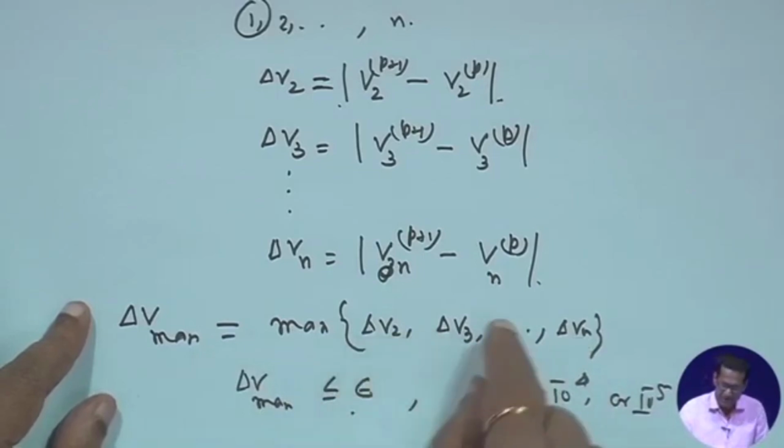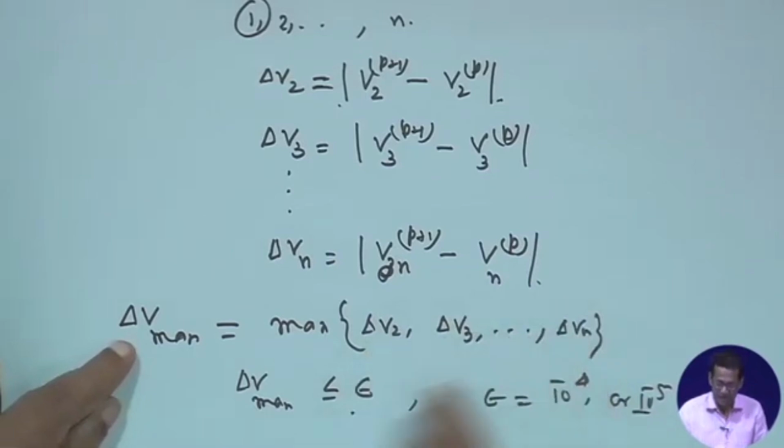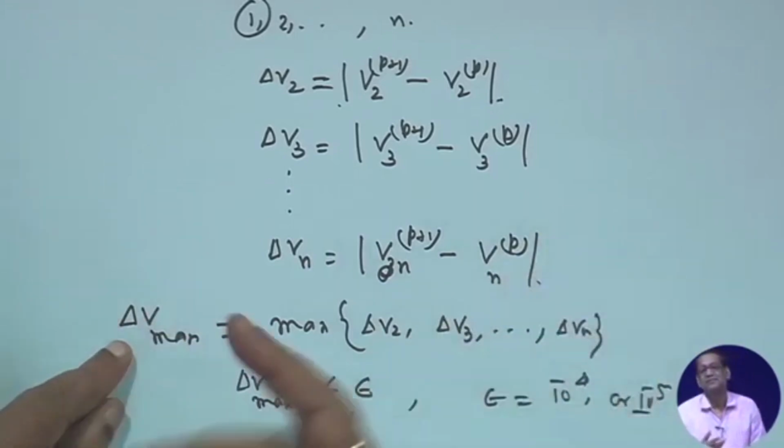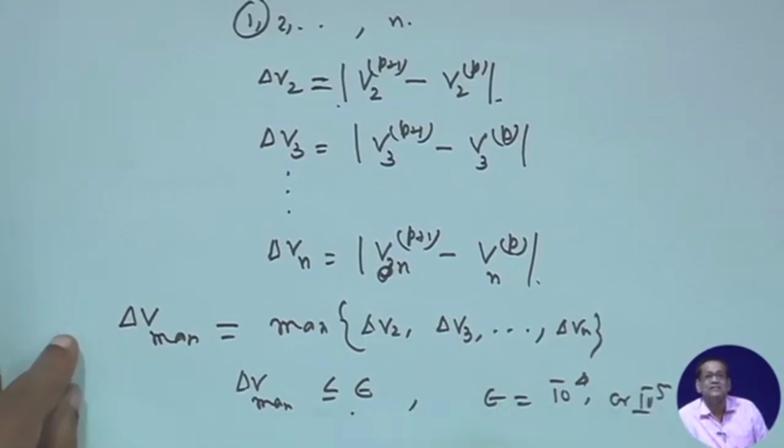If the max is less than epsilon, all the other differences are also less than epsilon. So, that is the convergence criteria.